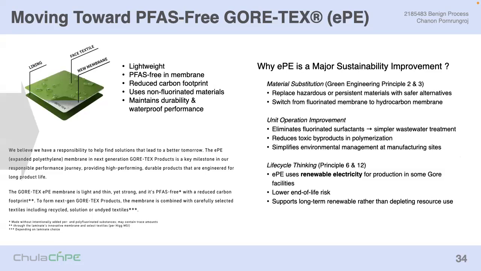So what happened? What can we do to improve that, right? So this is a Gore-Tex company. They've been relying on this Teflon or PFAS material for a very long time. To be more sustainable, they changed the material to give the same properties, but following many of the chemical engineering principles, right?